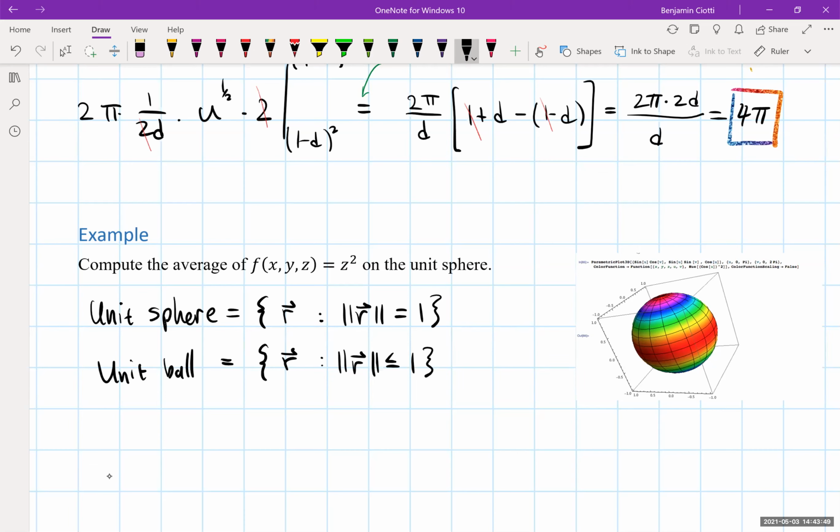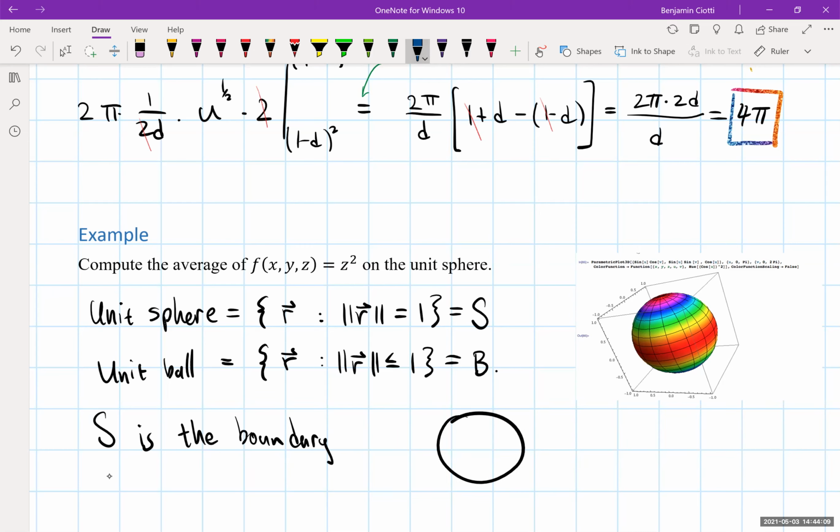The unit sphere, by the way, let's just call this S for the moment, and the ball B. S is the boundary of B. You remember when we discussed boundaries earlier in the class. The sphere is the boundary of the ball, just like the circle is the boundary of the disk. Sometimes write that like this.